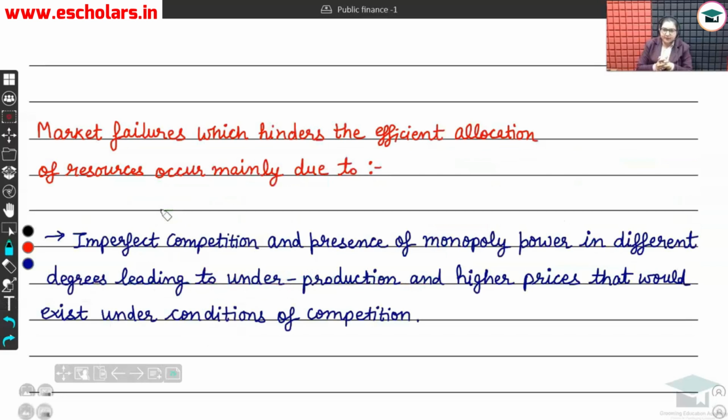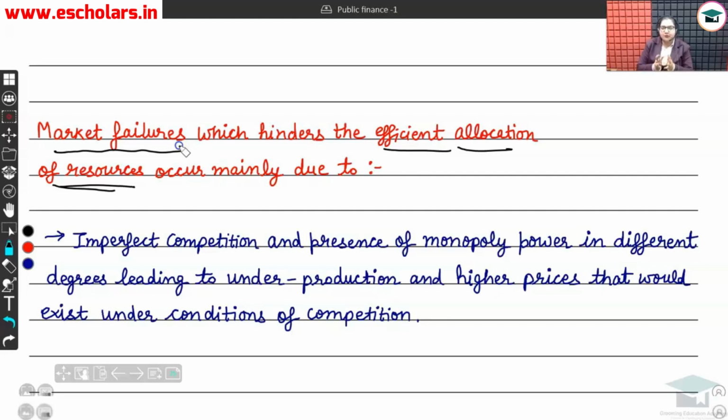Now students, we will discuss why the allocation of resources should be done in an optimal way, or why there should be efficient allocation of resources in the economy. See students, if there is no efficient allocation of resources in the economy, market failure will occur. That is, the market will not be able to function properly due to inefficient allocation of resources.